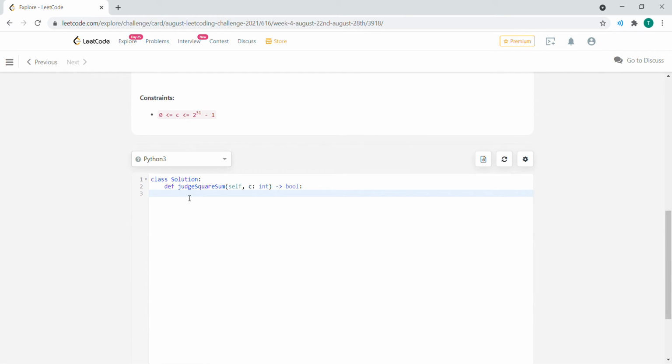Fermat's theorem states that any positive integer n is expressible as a sum of two squares if and only if in the prime factorization of n, every prime of the form 4k plus 3 occurs an even number of times. It's a high-level math thing, beyond the scope of a regular programmer, but it's something good to know about.